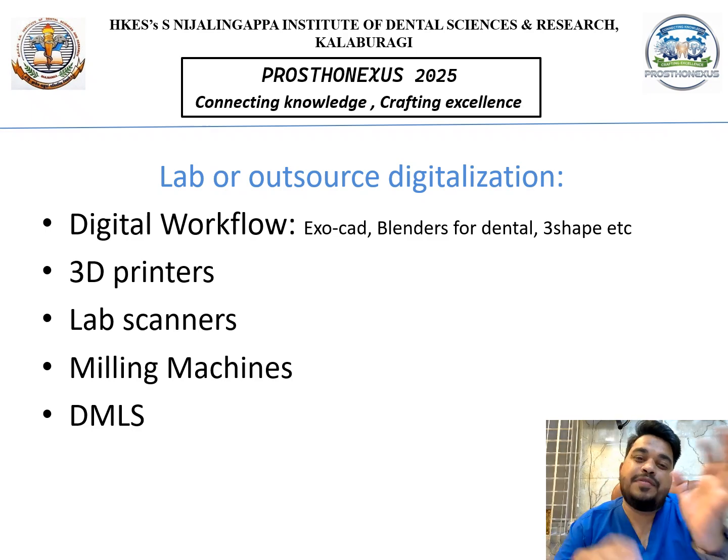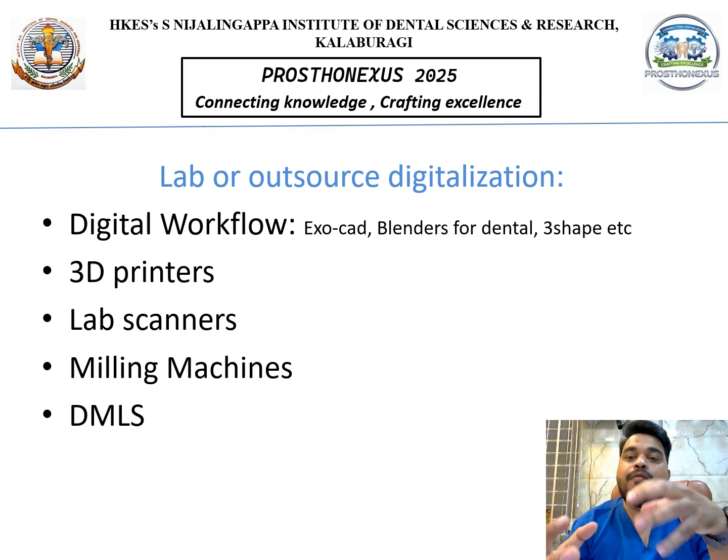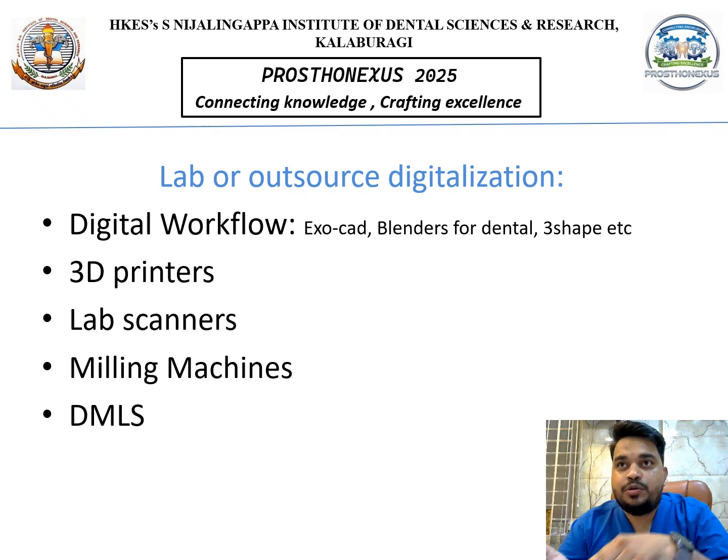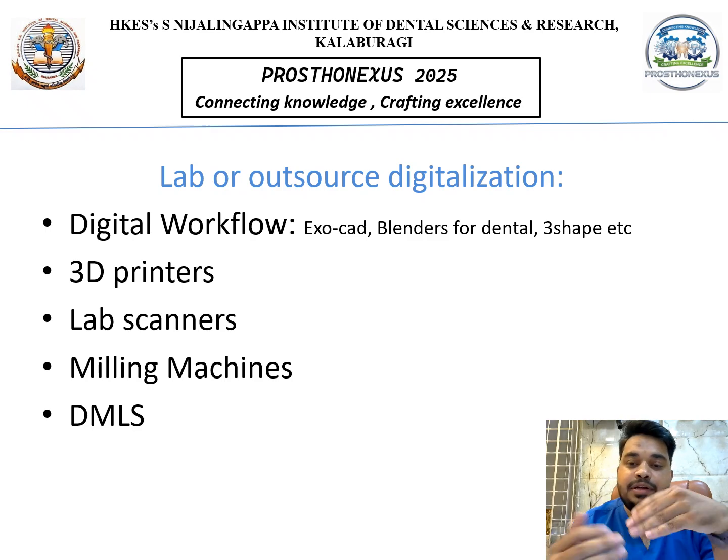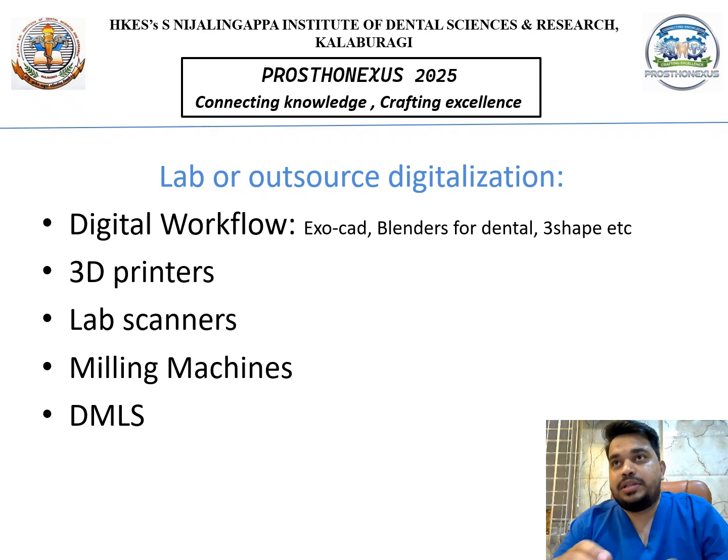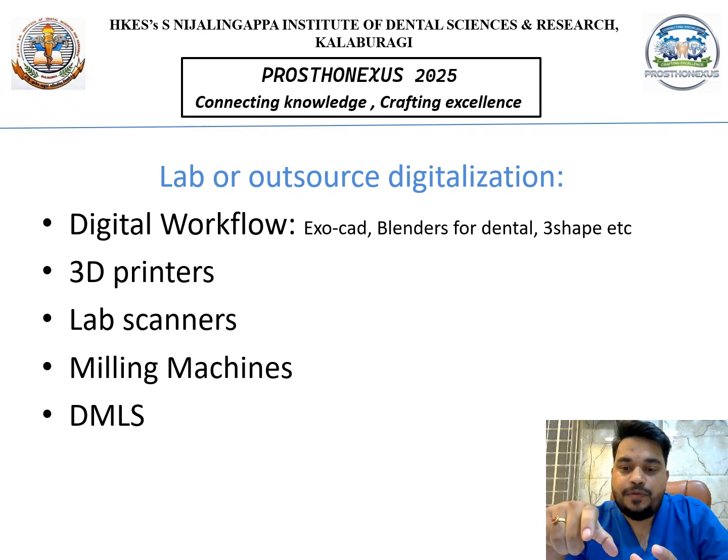The conventional workflows are where we do all the wax up, then a lost wax technique, then the processing of most of the metal happens. But in a digital workflow, whenever we have imported the data, that data can be processed on software.